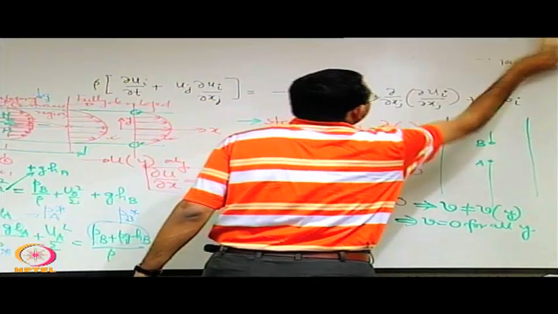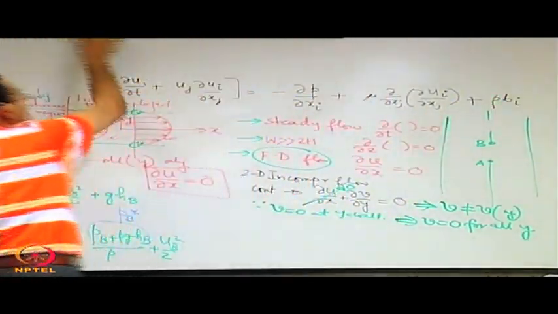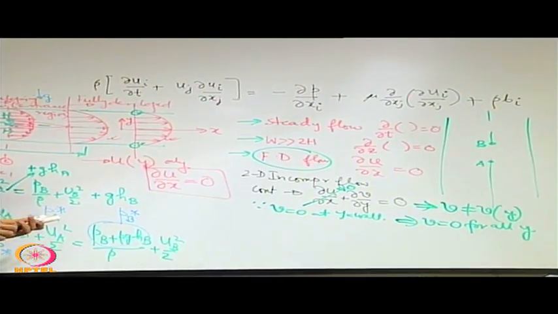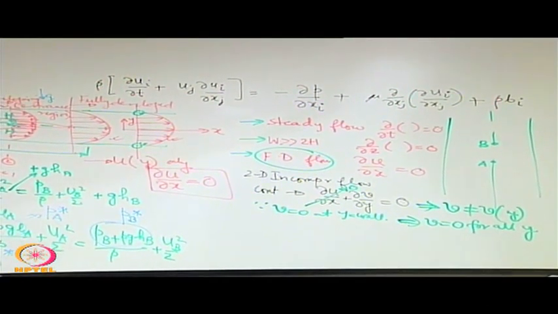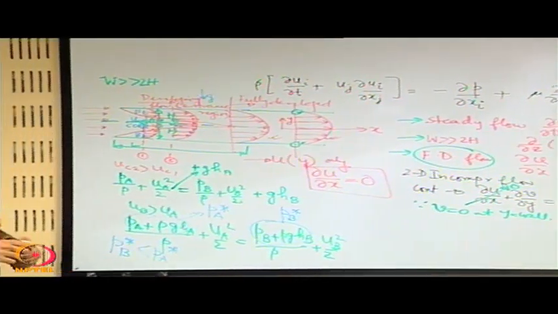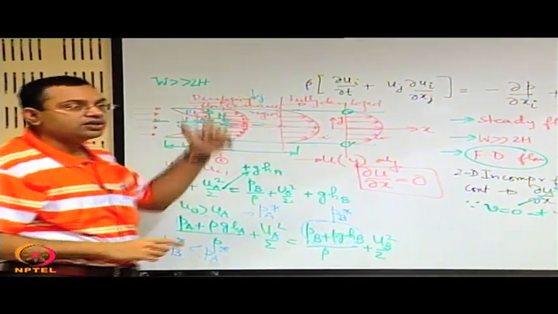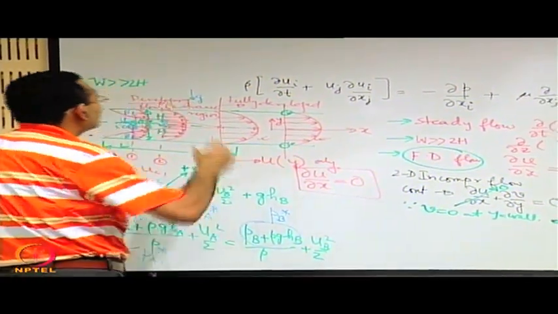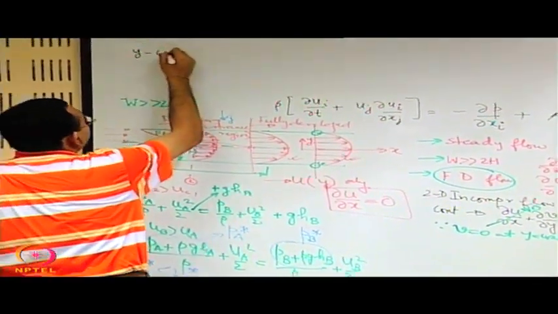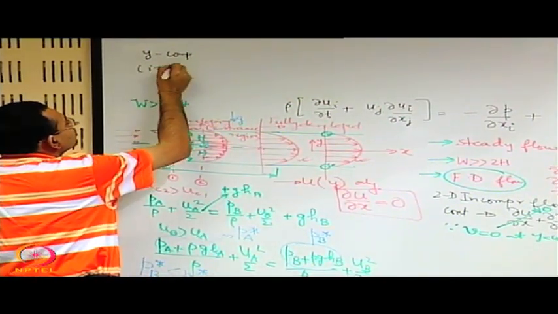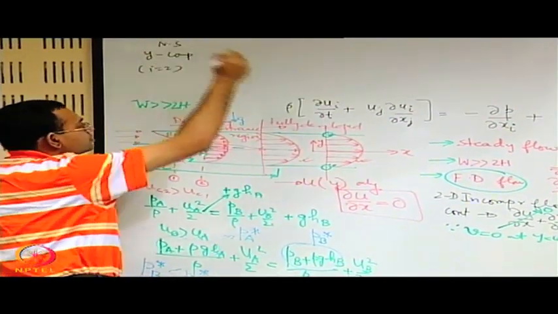So, we have the Navier-Stokes equation in terms of Cartesian coordinates, index written. So, let us write it for the x and y components. For convenience, we will write it first in terms of the y component, because it will nullify many effects. So, let us write the y component. Y component means i equal to 2, Navier-Stokes equation.